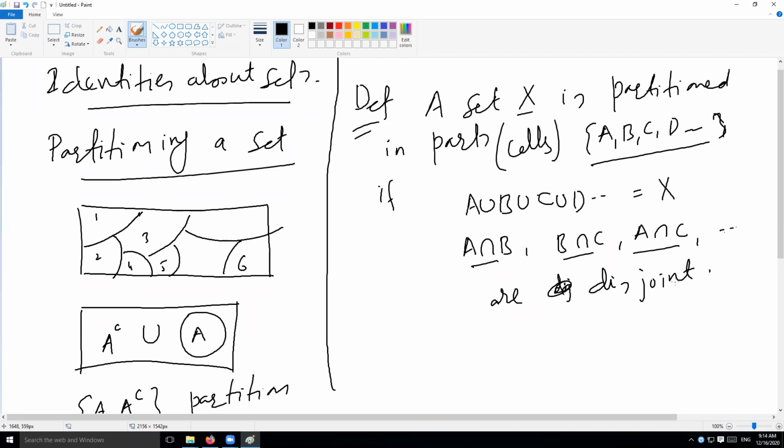So we're going to say this is really a partition of the given set X.